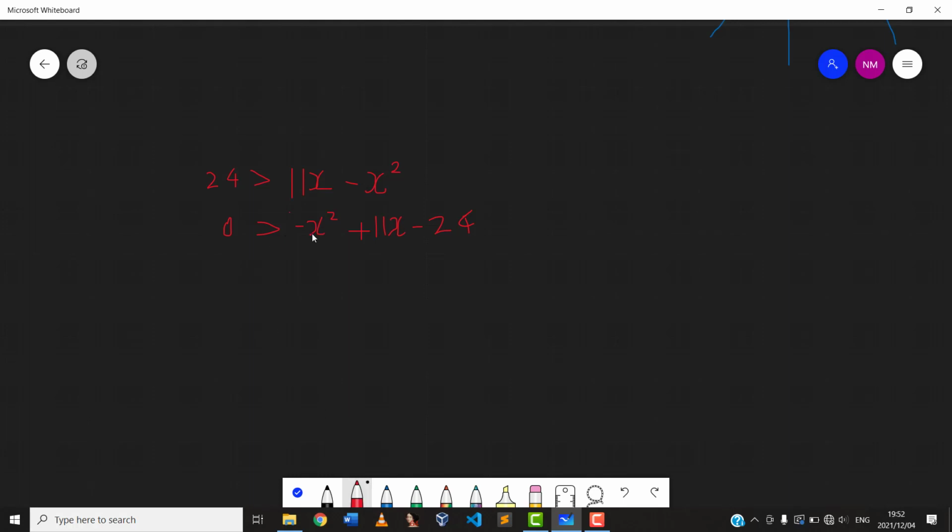So if I wanted to put this into x squared minus 11x plus 24, I'd have to say 0 is less than x squared minus 11x plus 24. So just keep note of that and make sure you don't do a silly error like forgetting to flip.